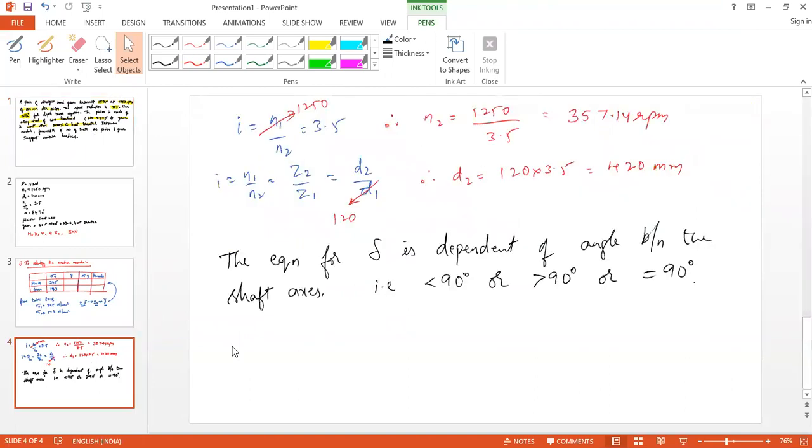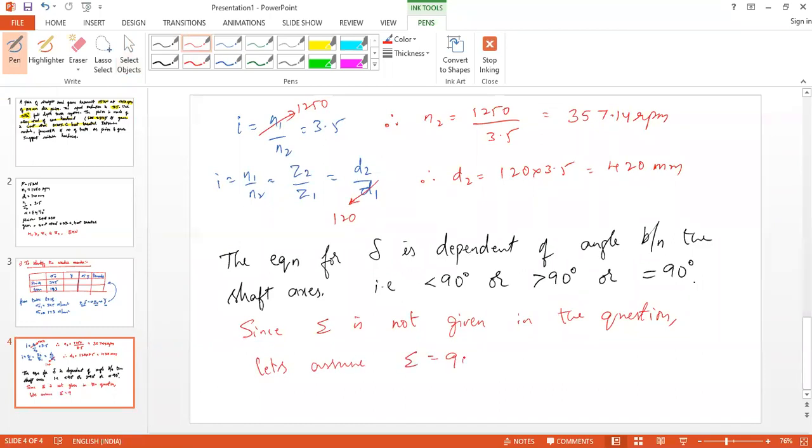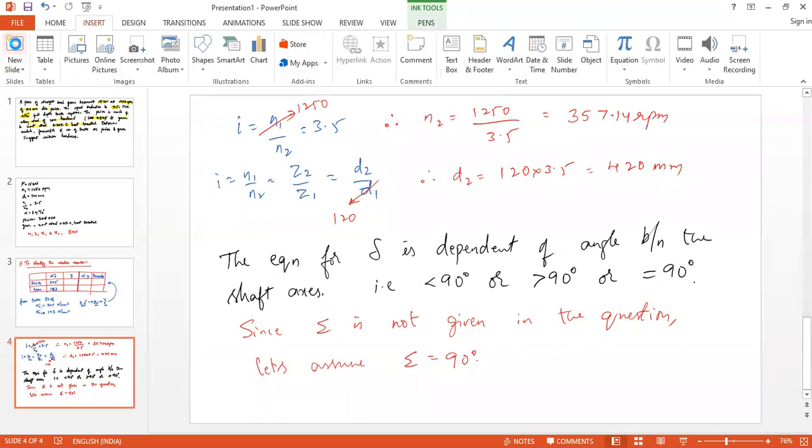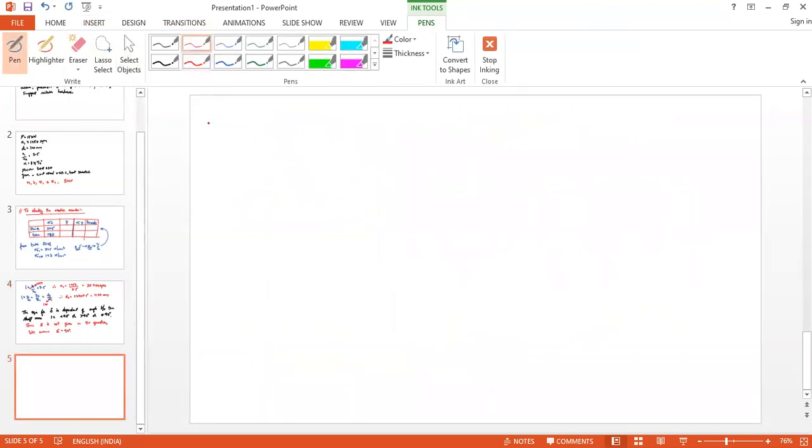So it is not given, we need to assume. Since sigma is not given in the question, let's assume sigma is equal to 90 degrees.